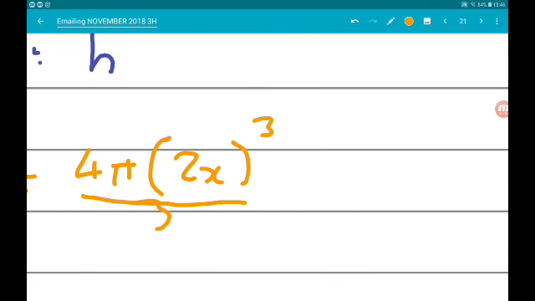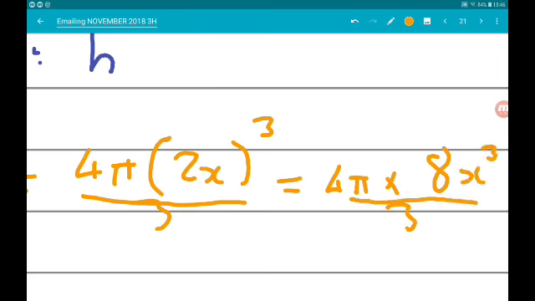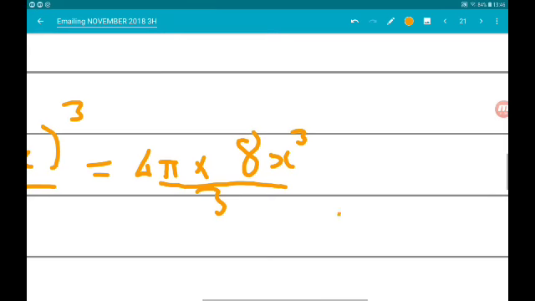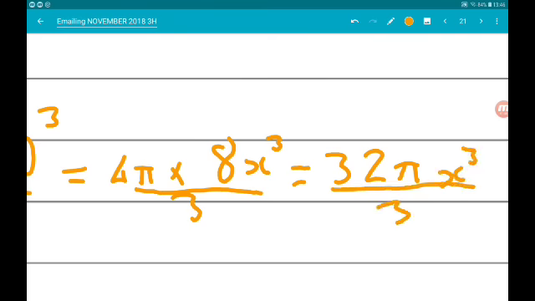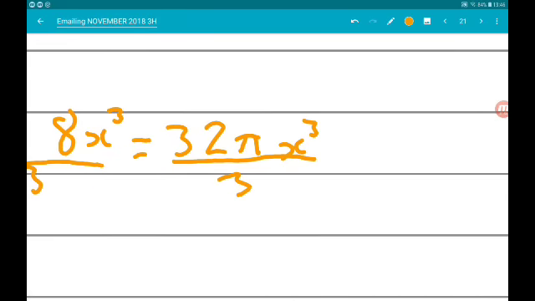Now that gives us 4 pi times 8x cubed over 3, which gives us 32 pi x cubed over 3. Now really that's centimetres cubed, so let's put that there too.